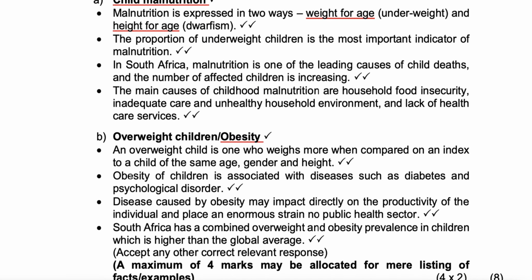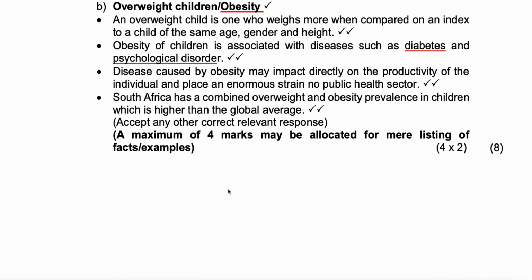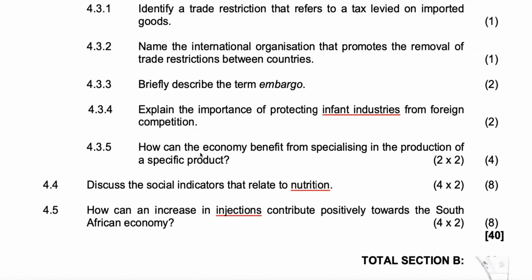An overweight child is one who weighs way more than they should for their age. So it could lead to them being diabetic and having psychological disorders. This can also lead to other health problems. Do we see any here? We don't. Okay. Right, so this is it.